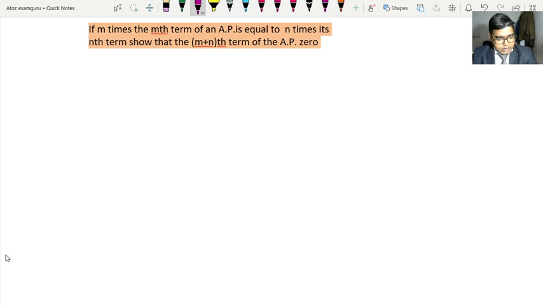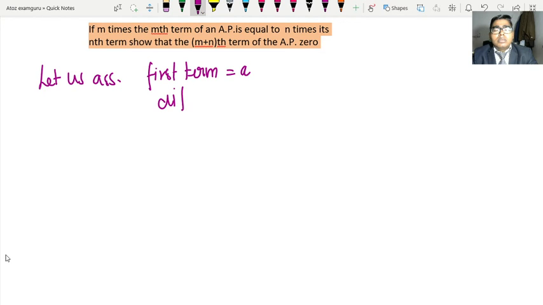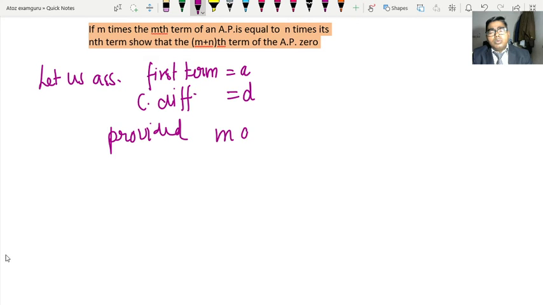Let us assume that the first term is A and the common difference is D. Then it is provided to us that M into AM equals N into AN.